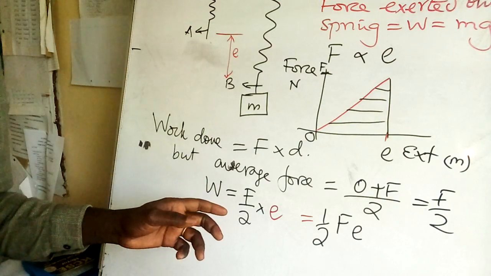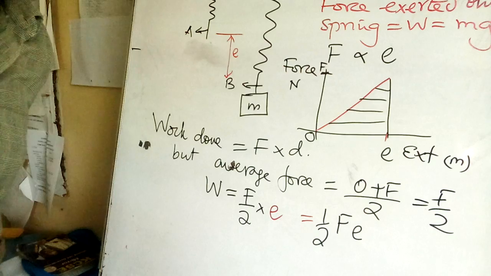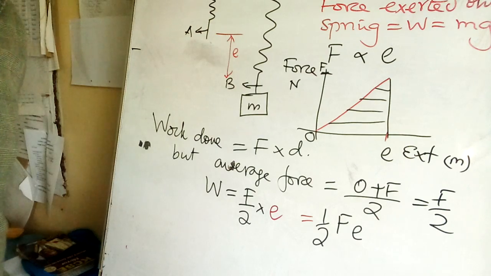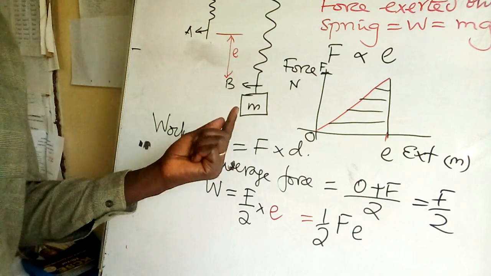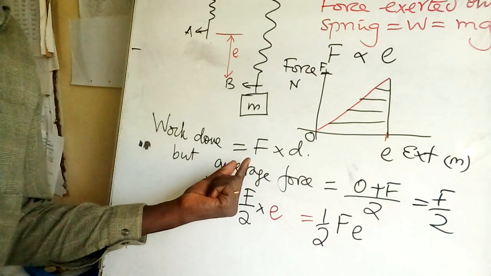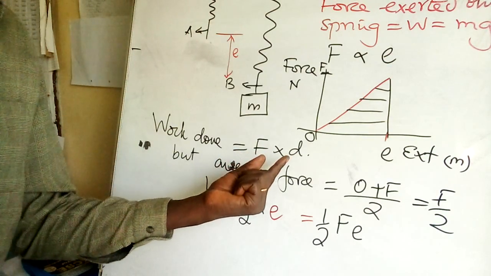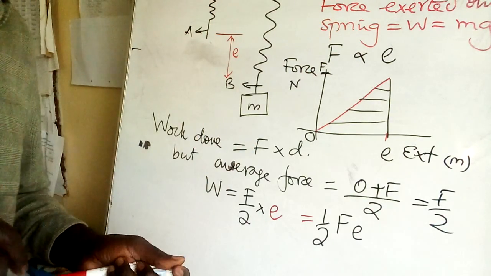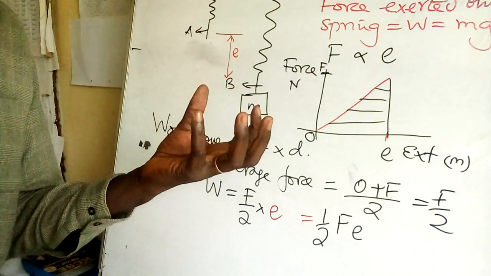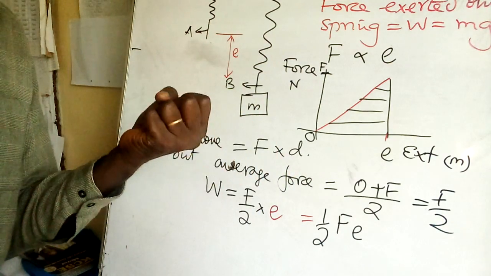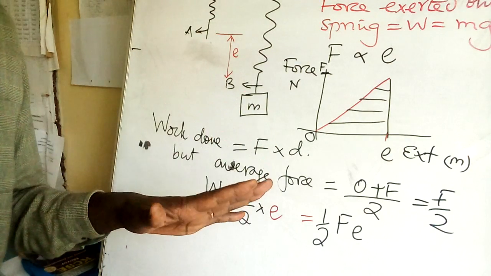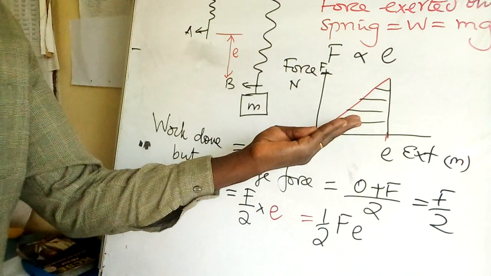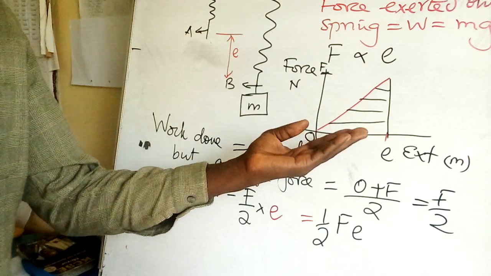Okay? So look at this again. These are some of the aspects that you need to know. That work done is basically force times distance. So the interpretation of force and distance matters with respect to the situation that you have been given. It depends on the context, on the scenario that has been forwarded to you. So when we are dealing with spring, some may argue it is a half base times height.